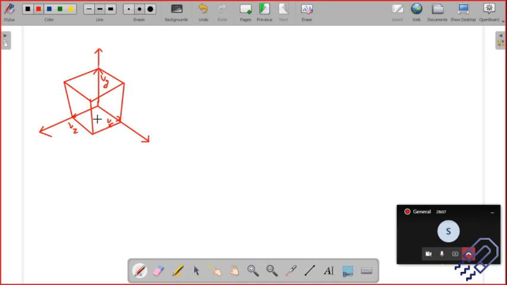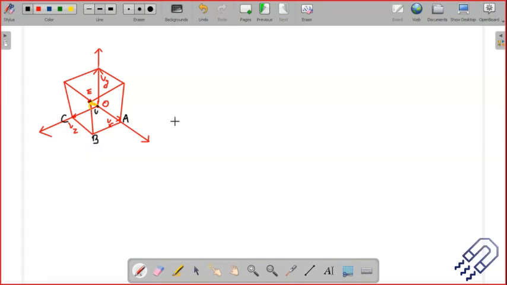This is my origin. What I can do is join these two. Maybe I can use a different color. This is the resultant, and let's say this is V. This is my V. As I was saying, I want to go from O to E.